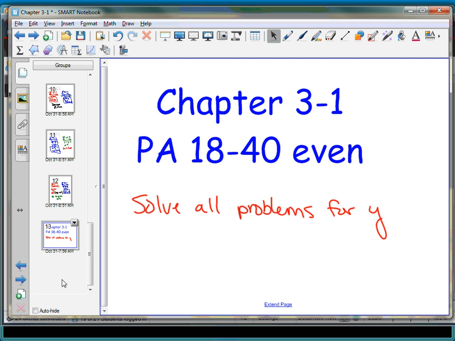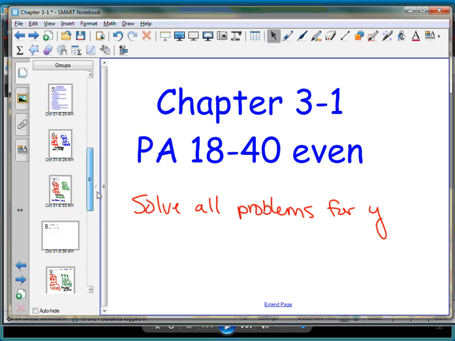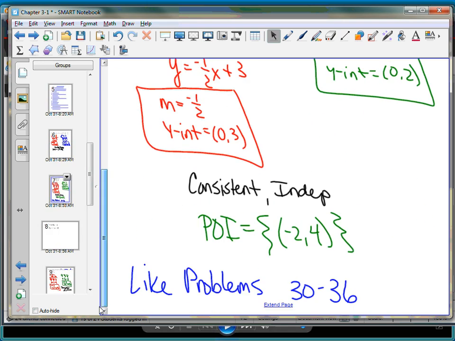I need you to do the 4 problems in the calculator, which would be problems 30 through 36, because those are the ones that you have to do the point of intersection in class. Out of those 4 problems, 3 of them are already solved for y. You're welcome.